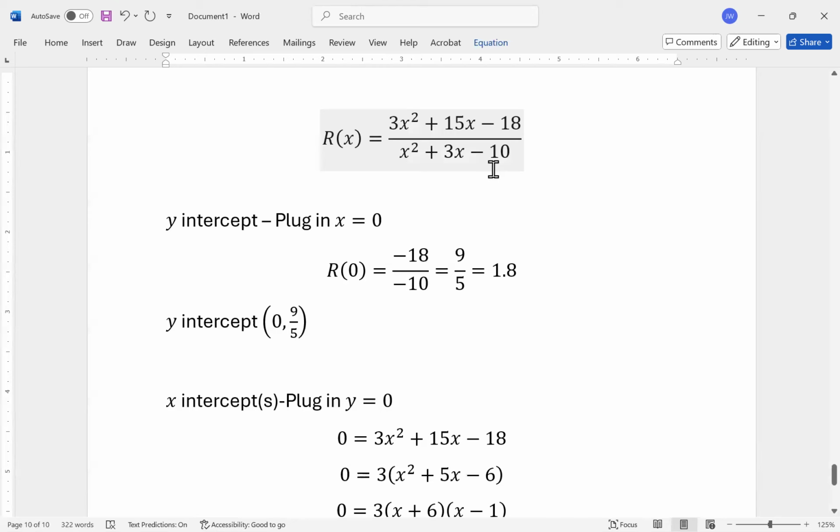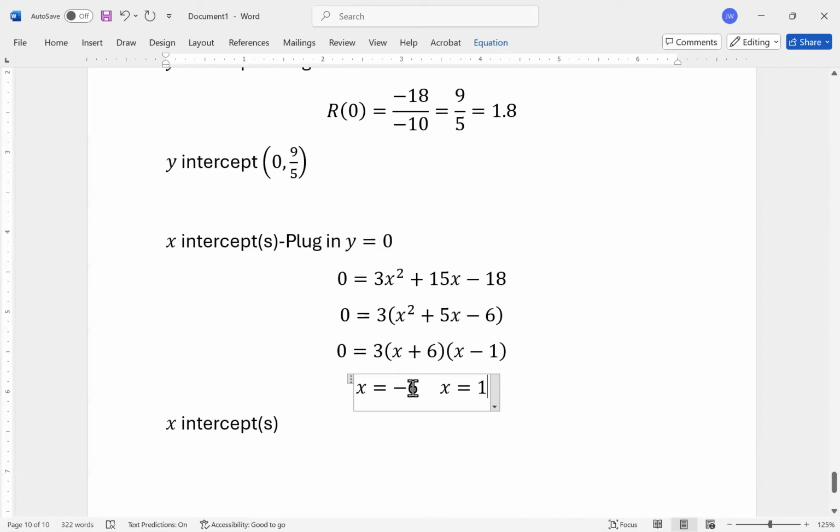Make sure that when you plug in a -6, you don't get 0. Again, in this case, you do not. So the -6 and the 1 both work for my x-intercepts. Therefore, I have two x-intercepts, one which is -6, 0, and the other which is 1, 0.